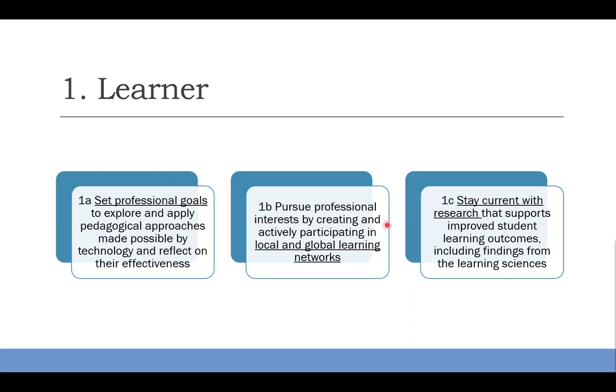Okay, so we're going to talk about this a little bit. Creating and actively participating are keywords for these learning networks. And then 1C is staying current with research that supports improved student learning outcomes, including findings from the learning sciences.